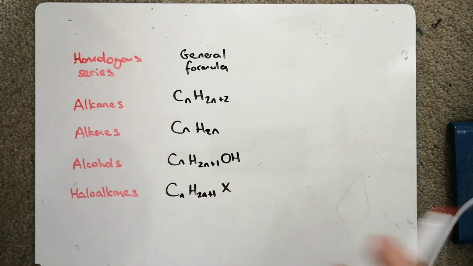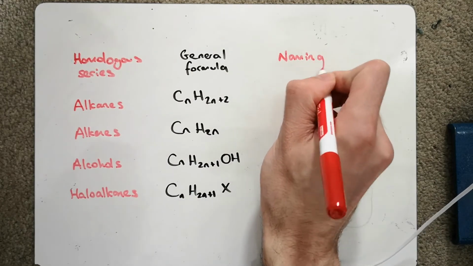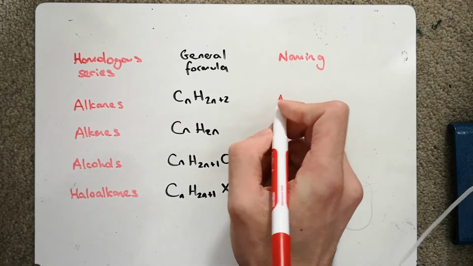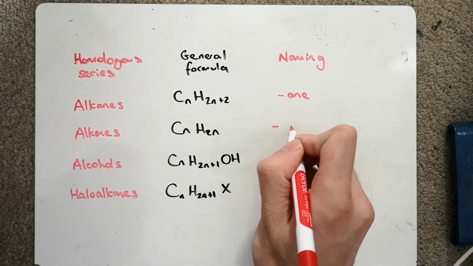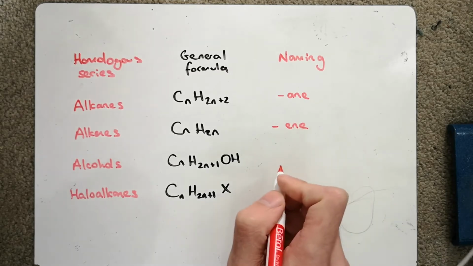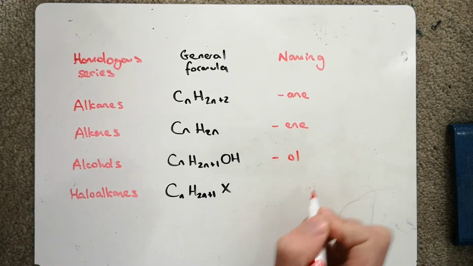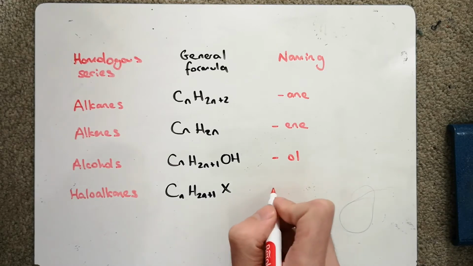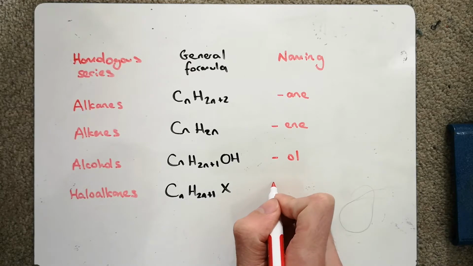Now, each homologous series has got its own rule for naming then. So alkanes, all alkanes finish ane. Alkenes all finish ene. Alcohols all finish ol. And haloalkanes, rather than have a suffix, they have a prefix.